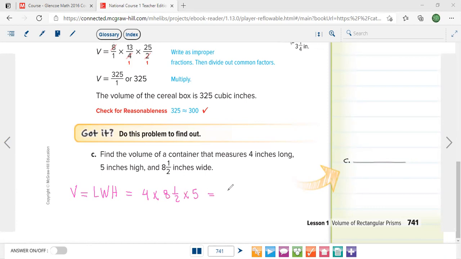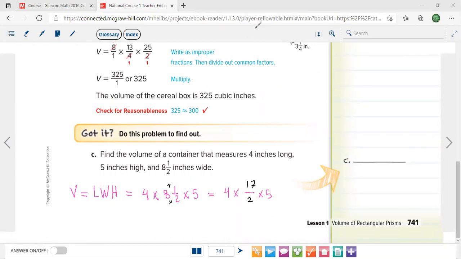We leave the 4 as is, 8½ multiply then add. So 2 times 8 will give you 16 plus 1, 17 over the same 2. All of this multiplied by 5.